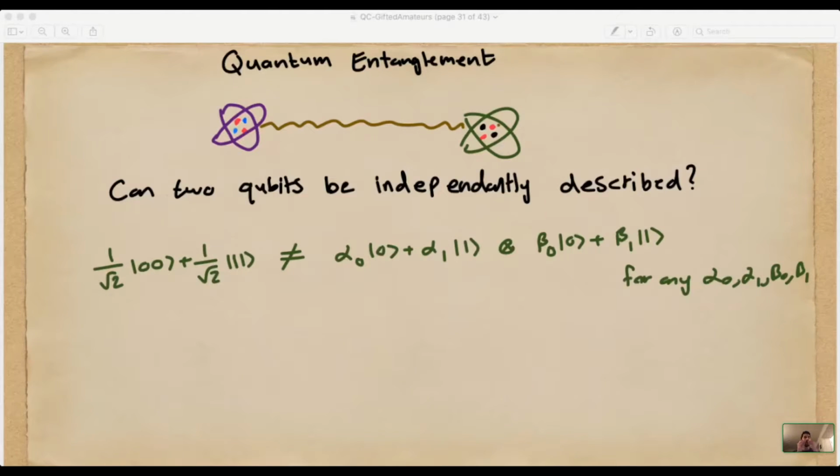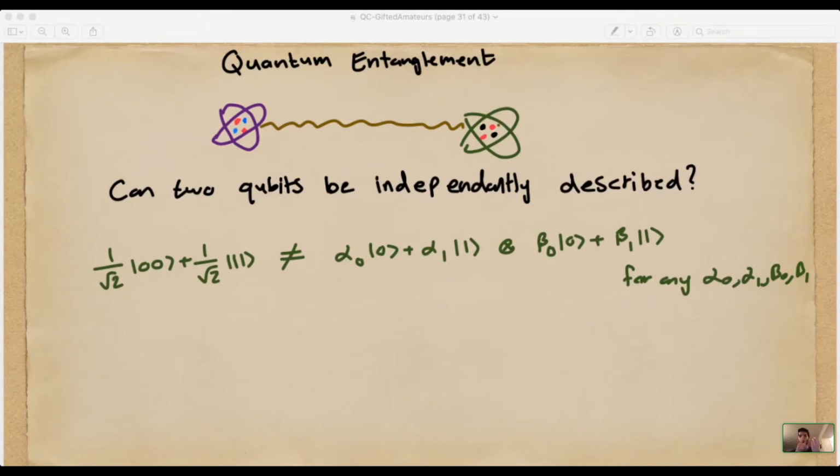But they're not local. One bit is on my computer, the other bit is on your computer. But we know that the state of both qubits is this state. If I measured my qubit on my computer without talking to you ever, and I see that it's a 0, I immediately know that yours, when you measure it, will also be a 0, because the state of the whole system is now 0, 0.